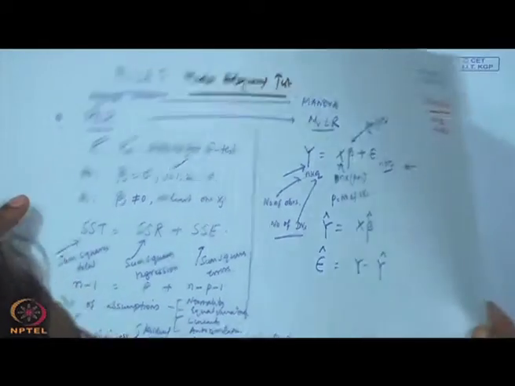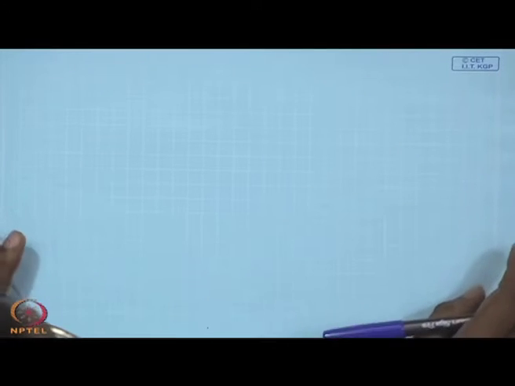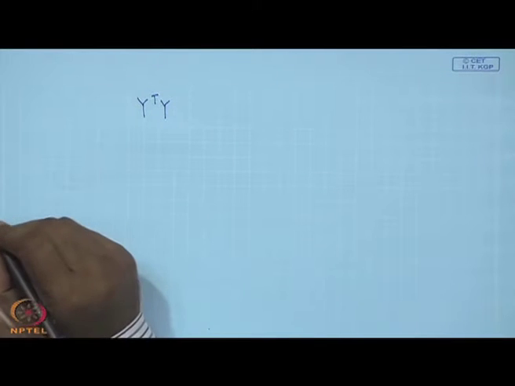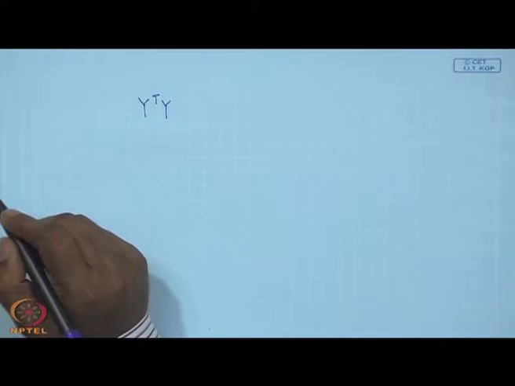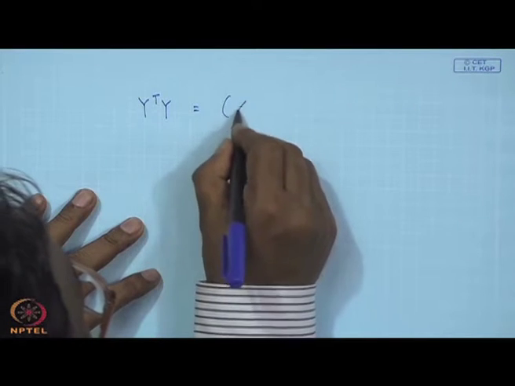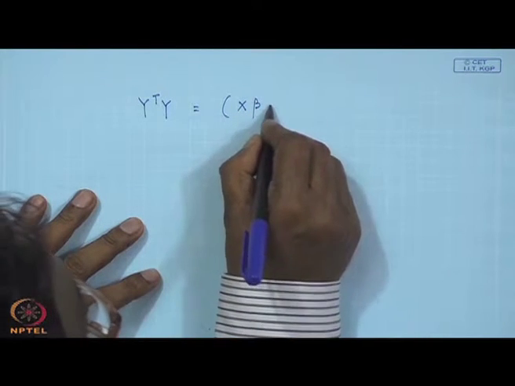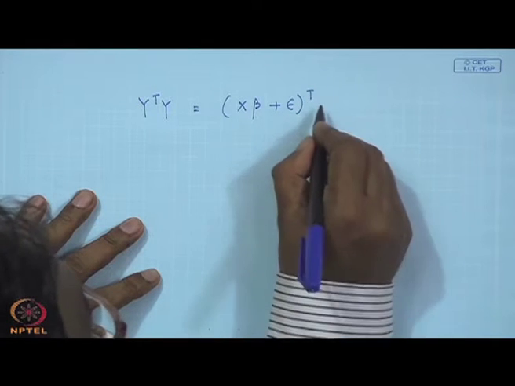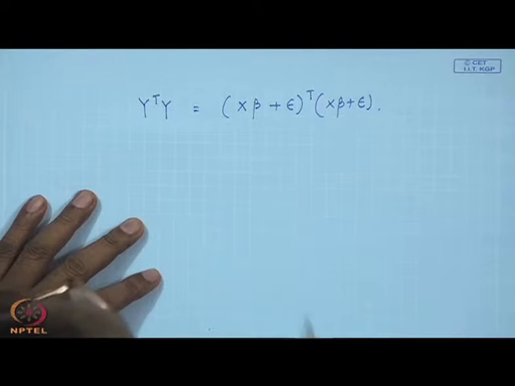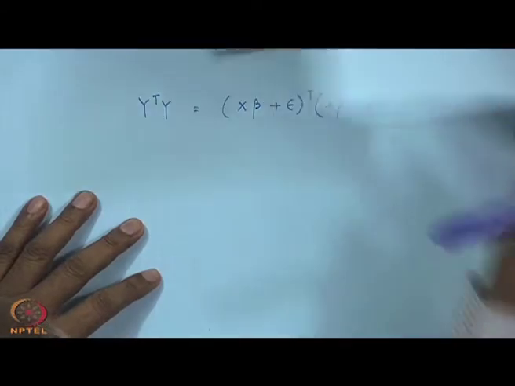So, what will we do with these things? Suppose I want to know Y transpose Y. What will this be? This will be X beta plus epsilon, transpose, into X beta plus epsilon, because we are writing the same equation, this transpose into this.